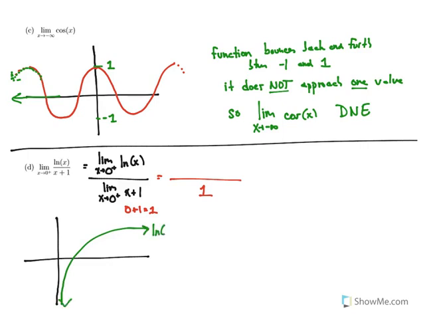And this is why it's important to know these graphs, or at least some basic properties of the graphs very quickly. So for natural log, when we approach 0 from the right-hand side, we trace the function down, and it's approaching the vertical asymptote here, going down to negative infinity.